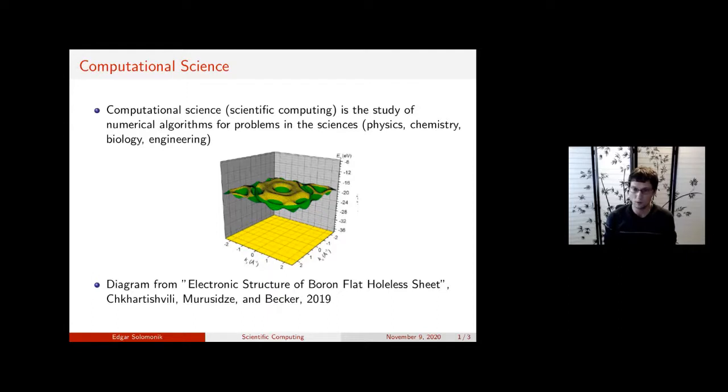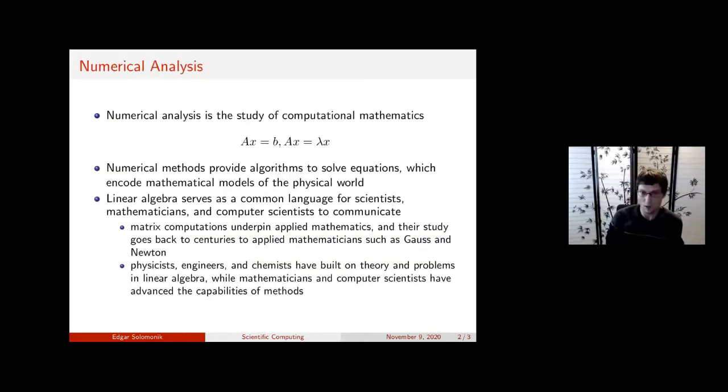So it's a type of analysis and numerical result that we can obtain using computers that we weren't able to before.